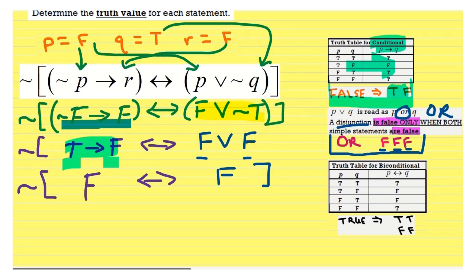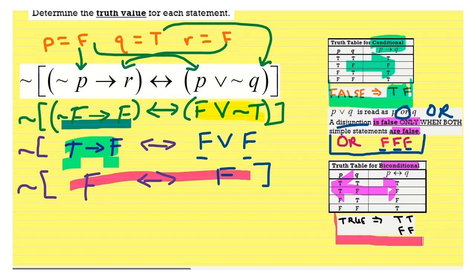Now I'm going to look at what is inside the big bracket. So I've got F, if and only if F. That is a biconditional. There's the biconditional. That is the double-sided arrow. And its cheat sheet says that it will be true if it is true and true or false and false. Is that false and false? Yes, they match. So that means it is going to be true.